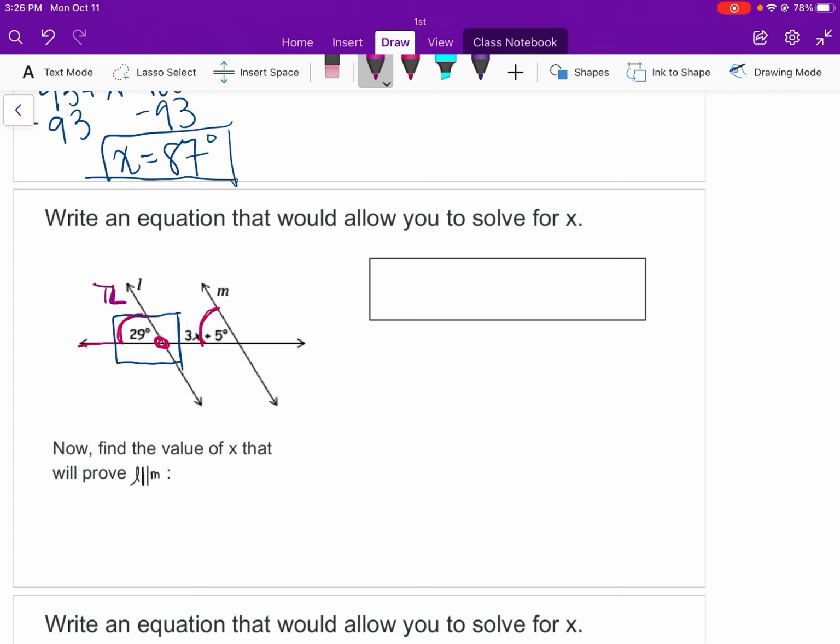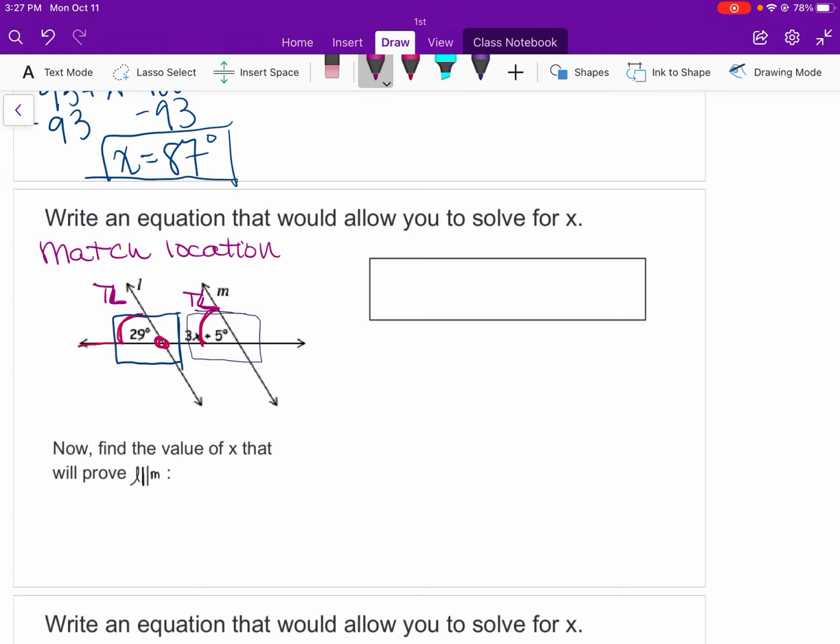So it's above the transversal to the left. Then I notice if I'm looking at this picture right here, 3x plus 5 is also in the top left. So what we see is that they match locations.